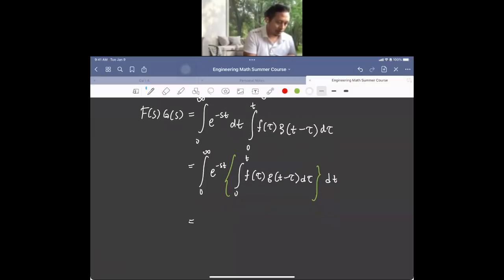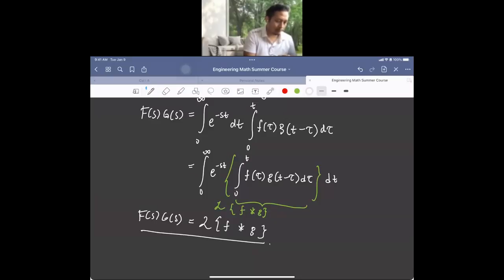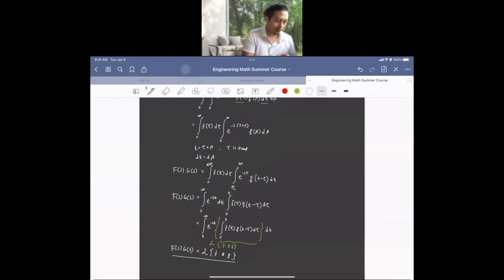Okay. So we can say that this is Laplace, right? This is Laplace of this. This is f convoluted with g, right? So we can say that F(s)G(s) is Laplace of f convoluted with g.